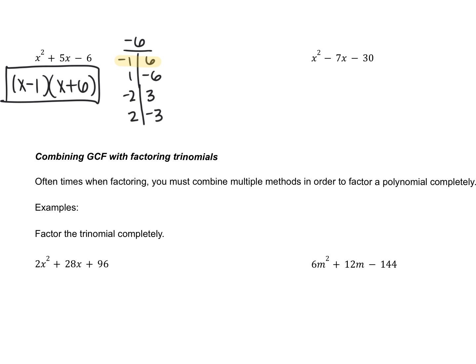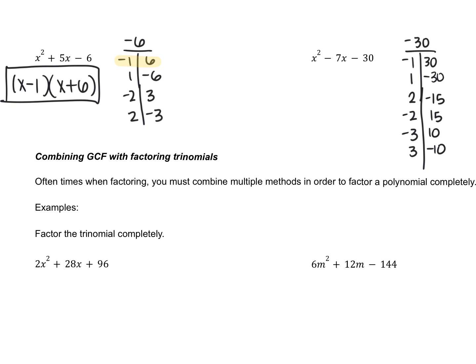Last example, x squared minus 7x minus 30. I'm looking for factors of negative 30. So I can have negative 1 and 30, or 1 and negative 30. I can have 2 and negative 15, or negative 2 and 15. I have negative 3 and 10, or 3 and negative 10.